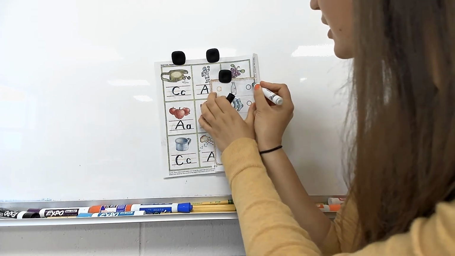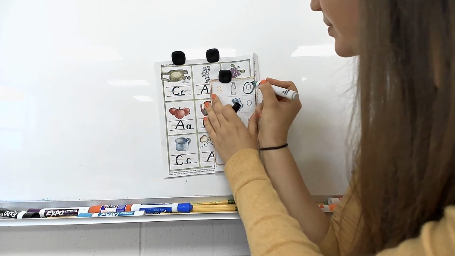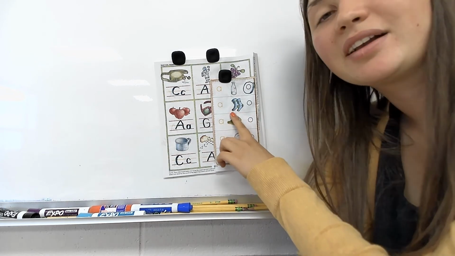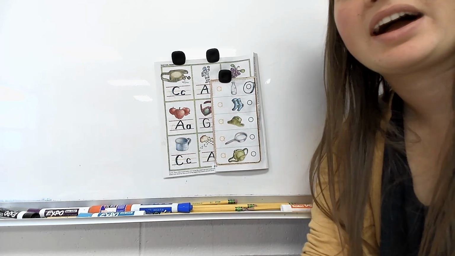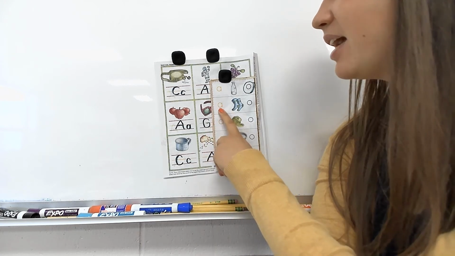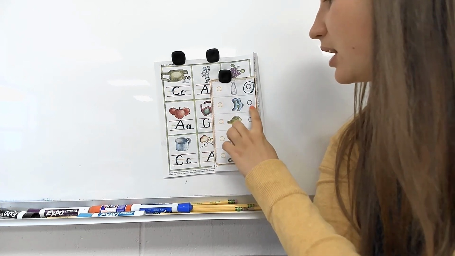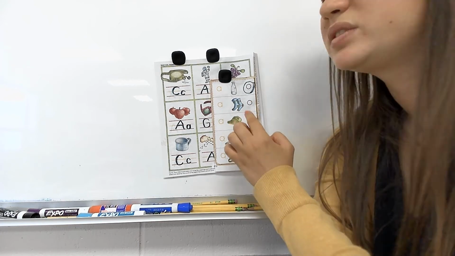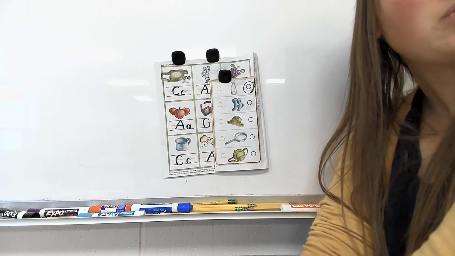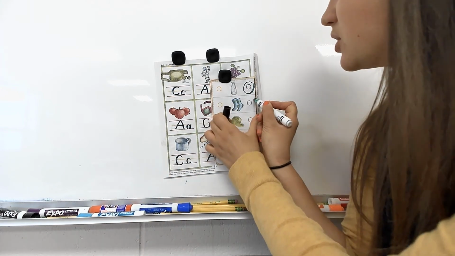Go ahead and circle the O. What about socks? Do you hear the A sound or O sound in socks? You should hear the O sound. Go ahead and circle the O.